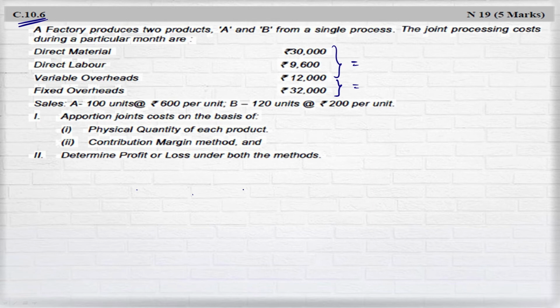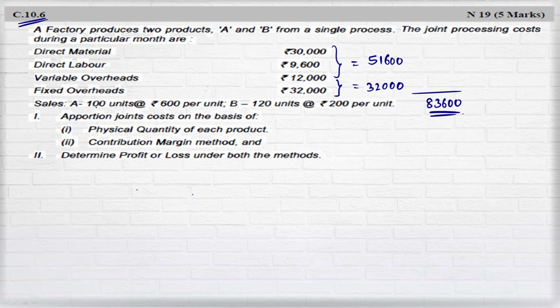Can you tell me what is variable total? It is 30 plus 12 plus 9,600. 51,600. And what is fixed? 32,000. This is total will be 83,600.